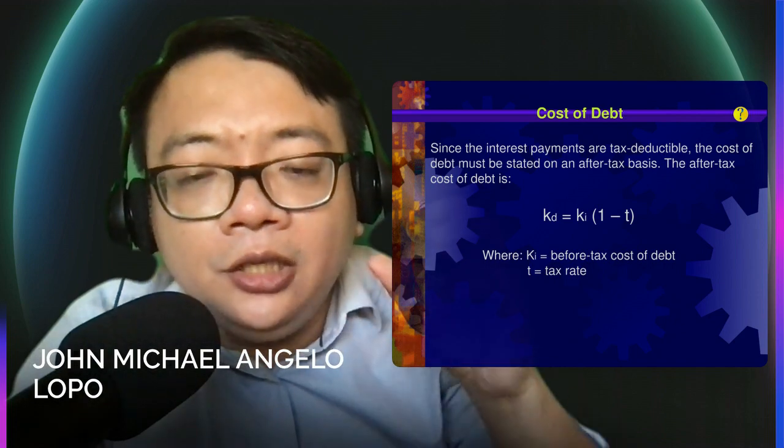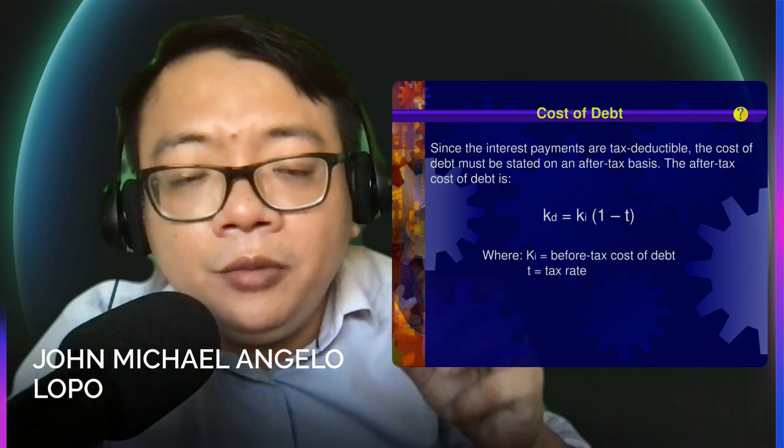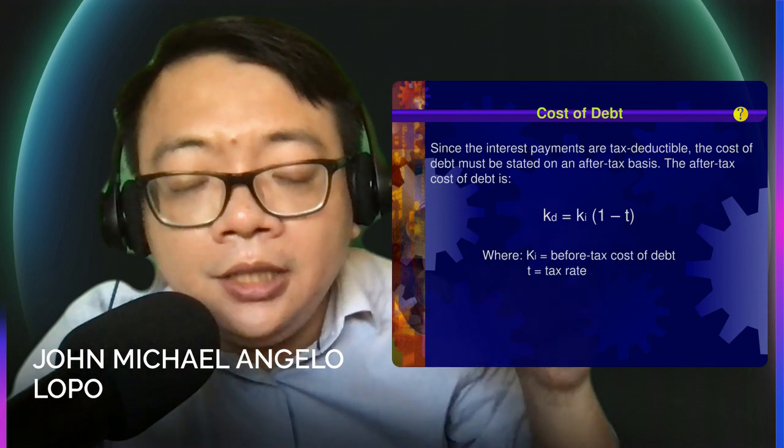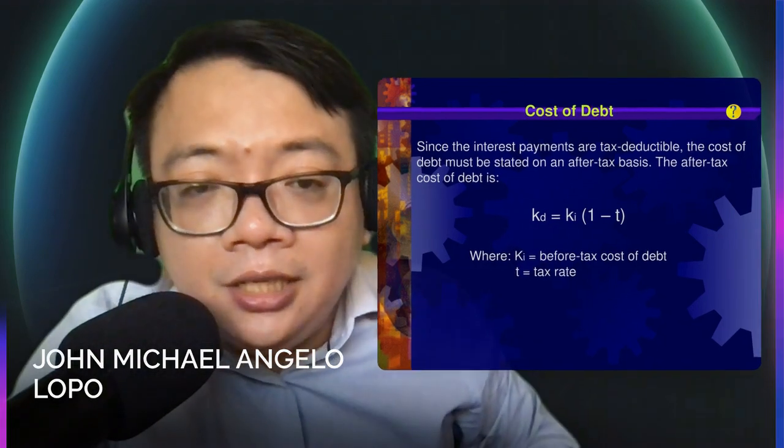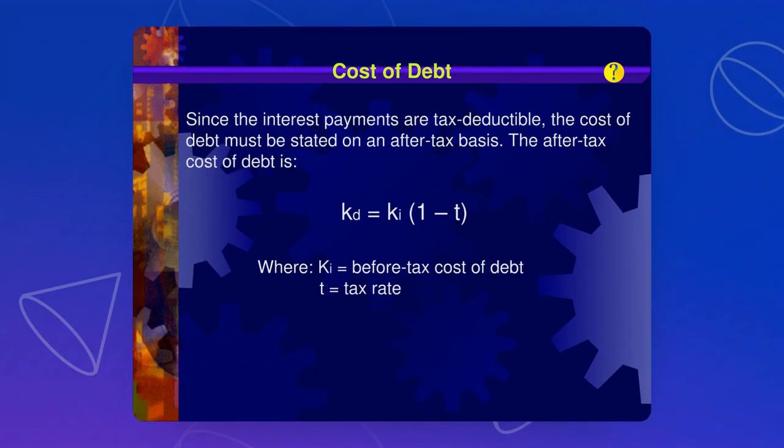Since it is part of the income statement, your expense is subject to tax. That's why the interest payments are tax deductible. The cost of debt must be stated on an after-tax basis. And the after-tax cost of debt is KD equals KI multiplied by 1 minus tax.